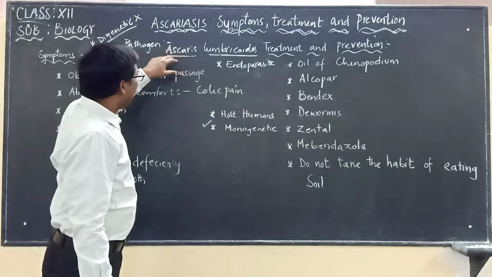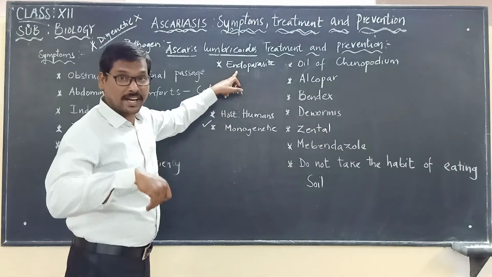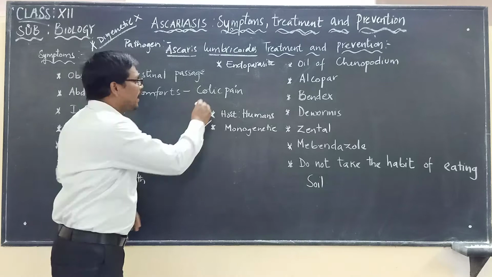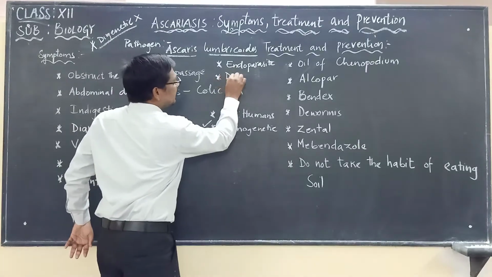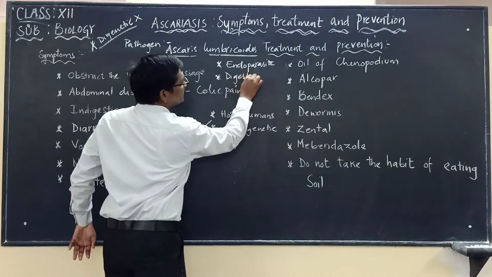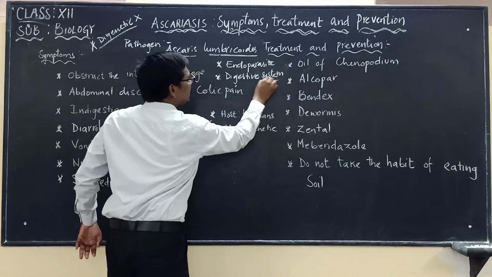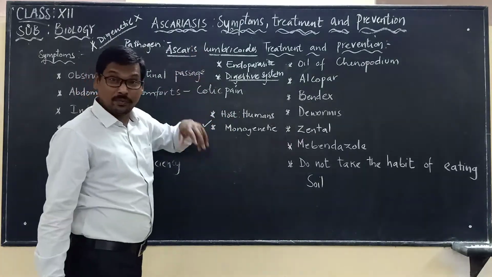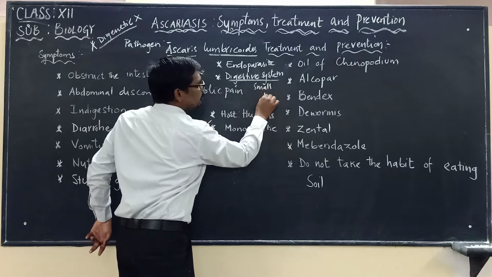So Ascaris lumbricoides, being an endoparasite, lives inside the body of an organism. Where it lives is the main point. It is present in the digestive system. Mainly, which part of the digestive system will this pathogen infect? It will infect the small intestine. A very important point.